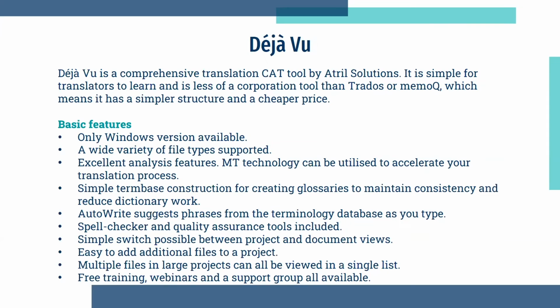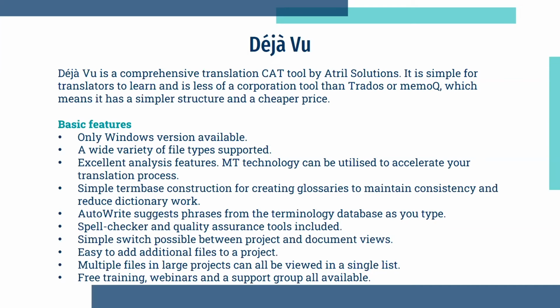However, it only provides a Windows version, even though a lot of file types can be supported. More importantly, it provides excellent analysis features. So we can utilize machine translation engines to accelerate our translation process.